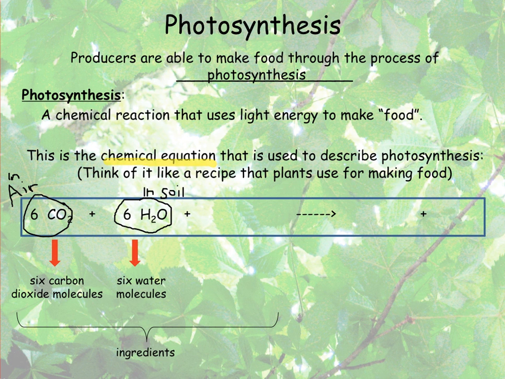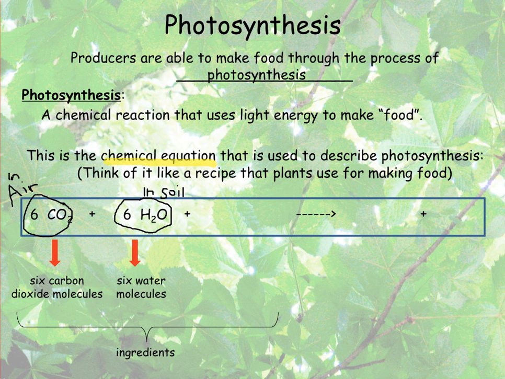Okay, at this point, the plant has the ingredients it needs. Just like adding flour and sugar and eggs and mixing them in a bowl will be all the ingredients that you need to make a cake. However, just by mixing all these ingredients together does not make it a cake yet, because you need to put it in the oven and add some energy to allow the molecules to rearrange themselves into the cake.